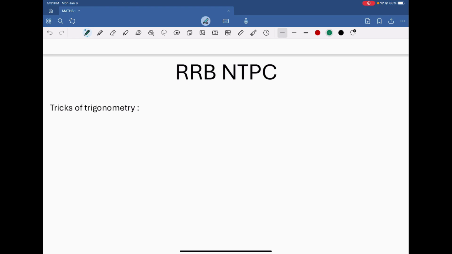Now, we'll write the final equations: sin 2 theta as 2 sin theta cos theta, cos 2 theta is equal to cos square theta minus sin square theta, and tan 2 theta as 2 tan theta divided by 1 minus tan square theta.